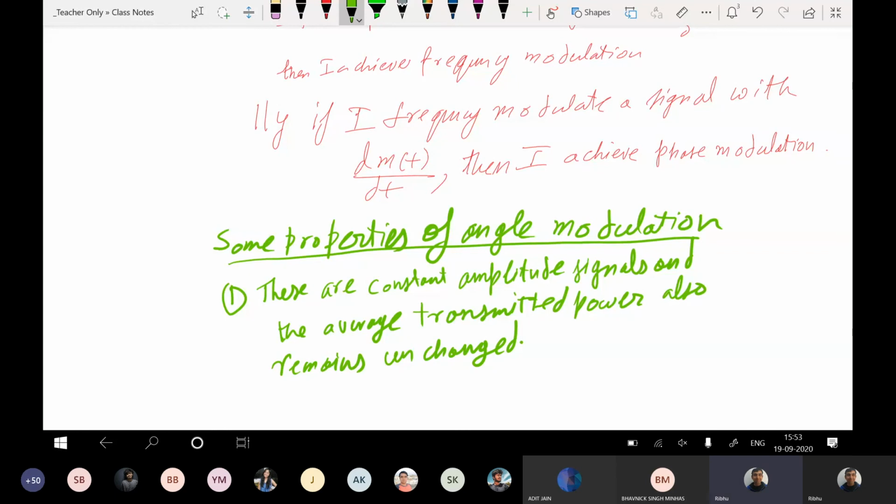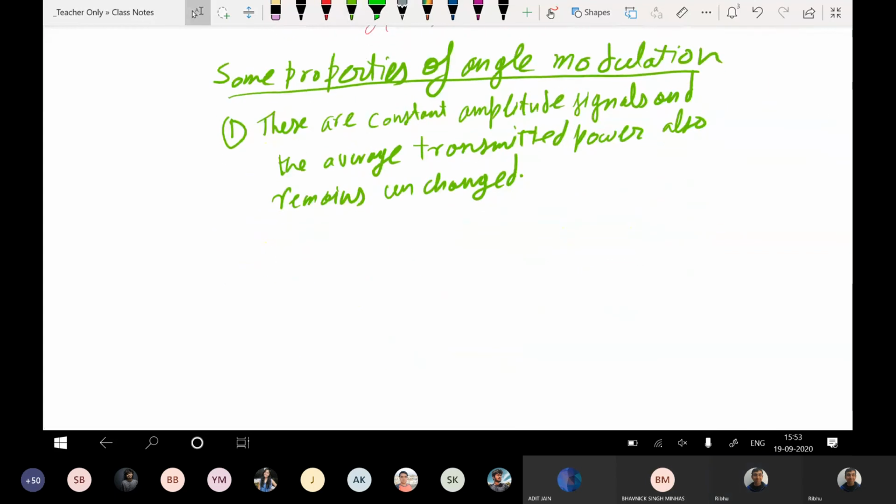This is one. Two, the modulation process is nonlinear.